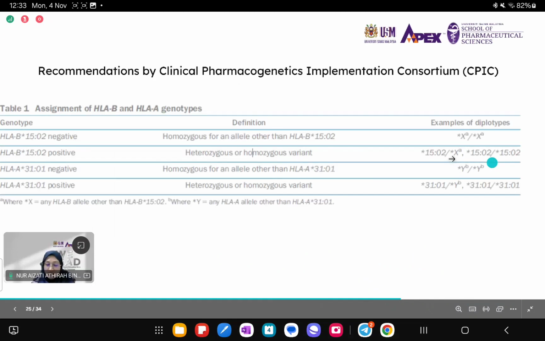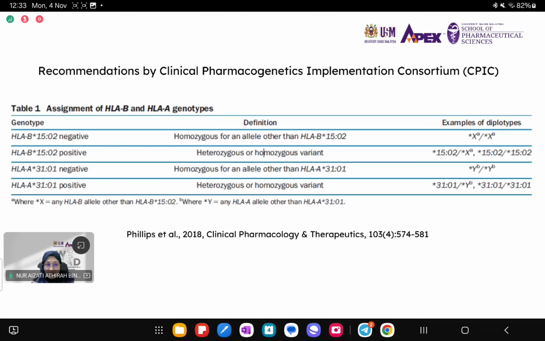There is already a CPIC guideline on the use of anti-epileptics and this pharmacogenetic marker. If the patient has this marker, for example HLA-B*1502 positive, it is either heterozygous or homozygous variant.